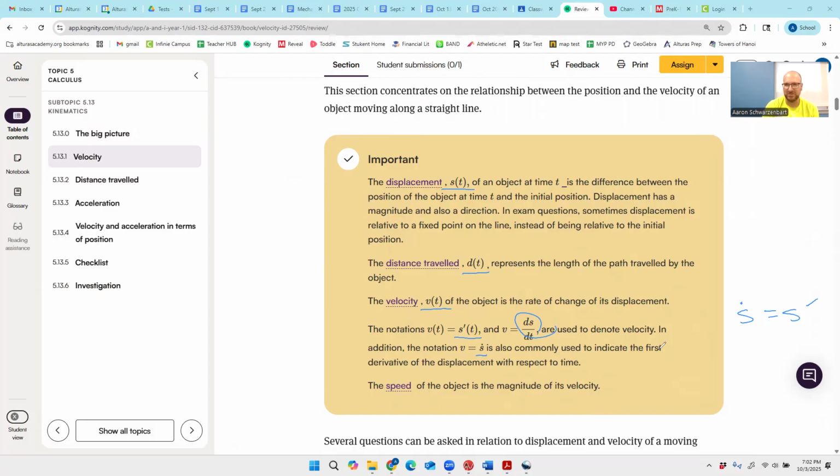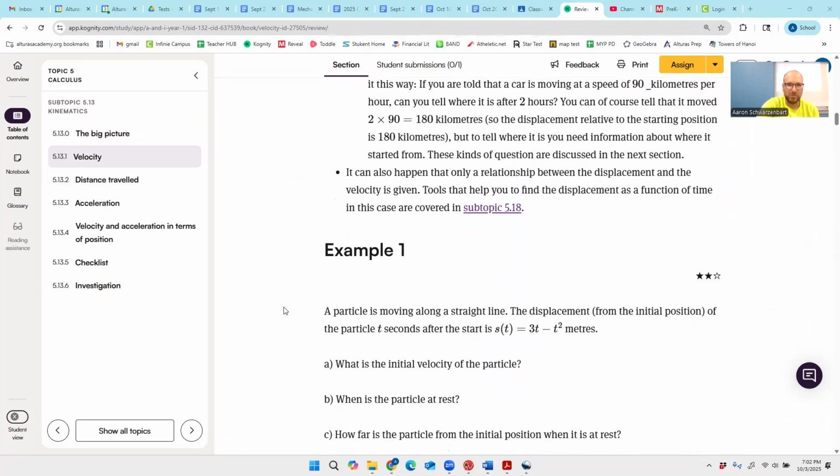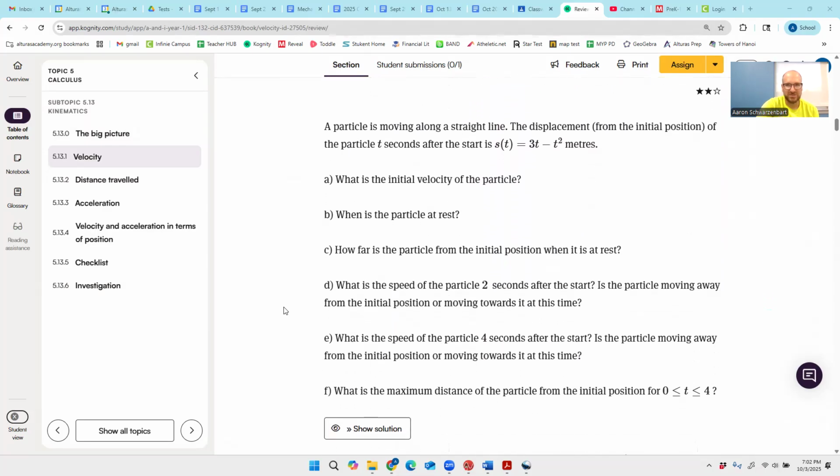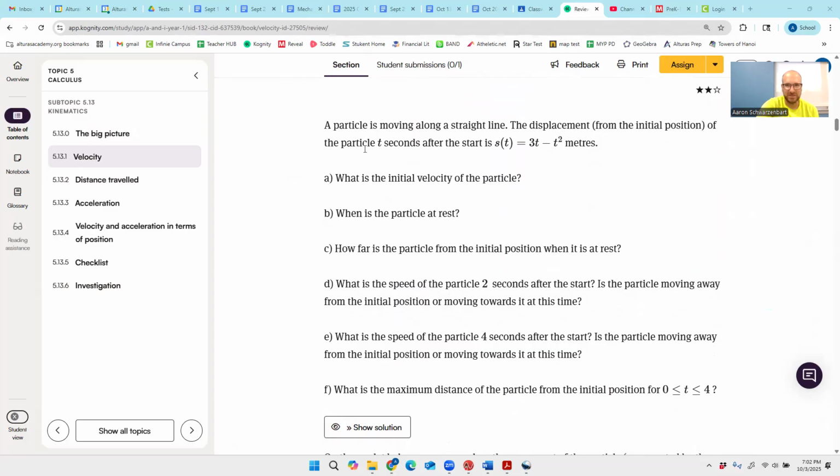It's just a different, non-American notation. Speed, remember, is the magnitude of the velocity vector. And we will be doing derivatives with vectors a little bit, potentially.